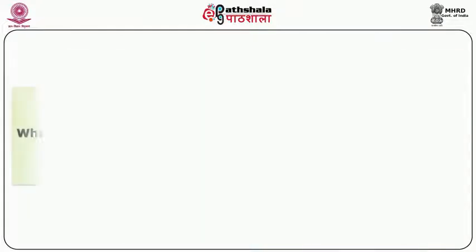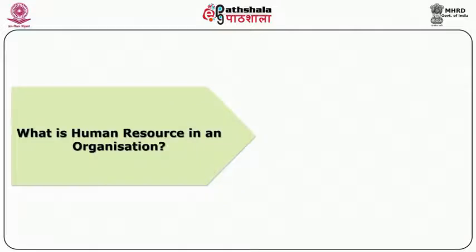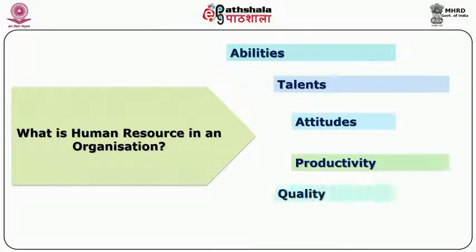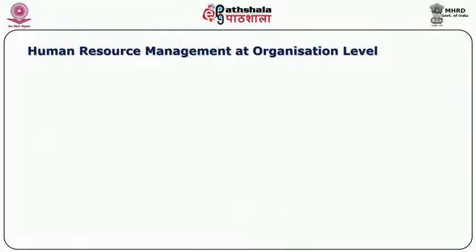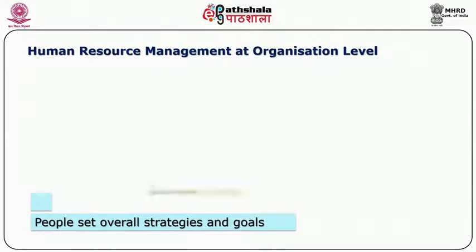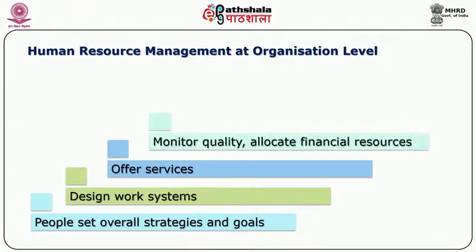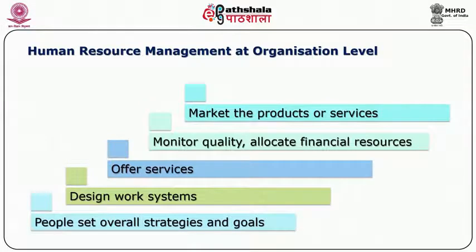Let us understand what is human resource in an organization. People in work organizations are endowed with a wide range of abilities, talents, and attitudes. They influence productivity, quality, and profitability of an organization. People at the workplace set overall strategies and goals, design work systems, offer services, monitor quality, allocate financial resources, and market the products or services.